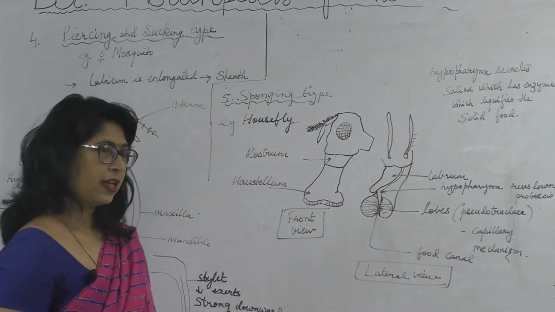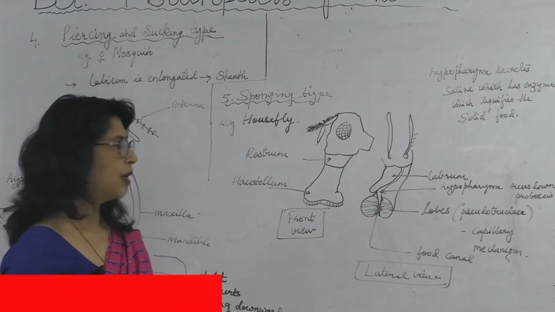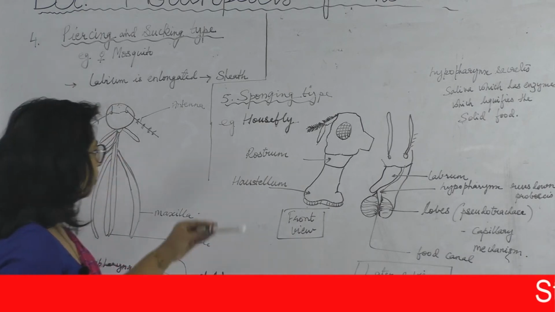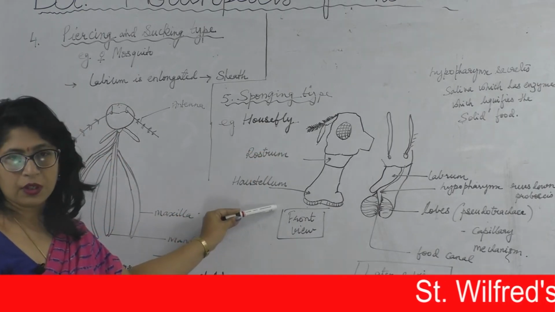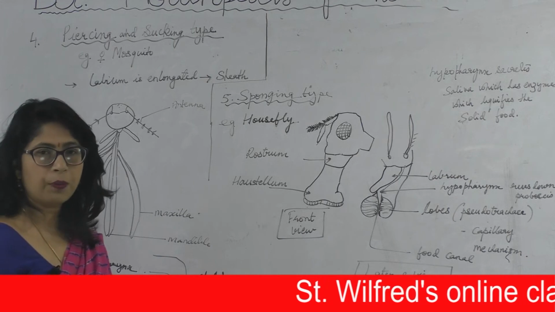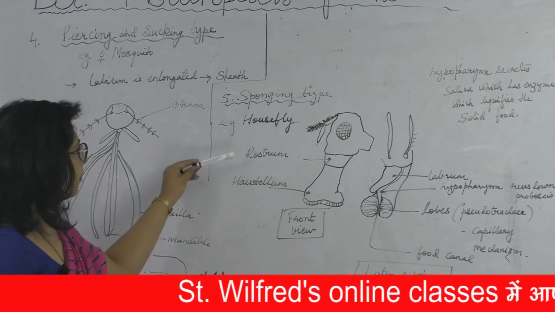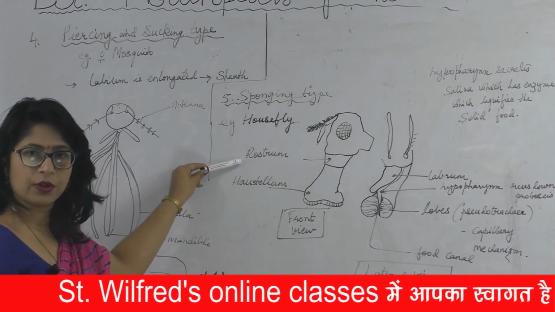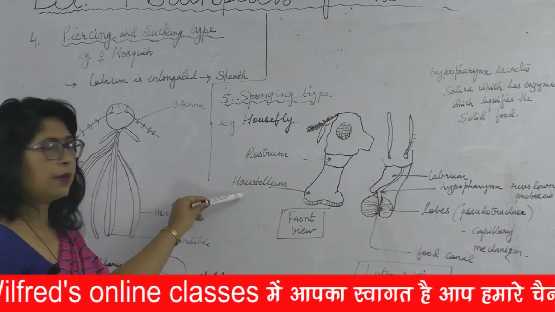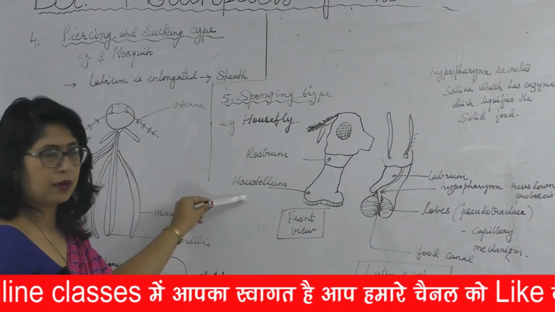The mouth part again is modified. Here, the mouth part is in form of proboscis, which is of two parts. The basal part is called rostrum and the distal part is called haustellum.